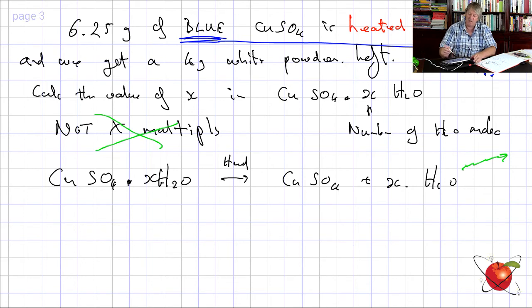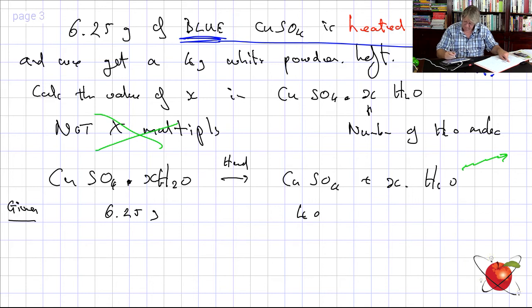So let's put down what we are given. They said 6.25 grams of blue copper sulfate is heated until what we have left is a white powder of 4 grams. So plus how much water? Law of conservation of mass.